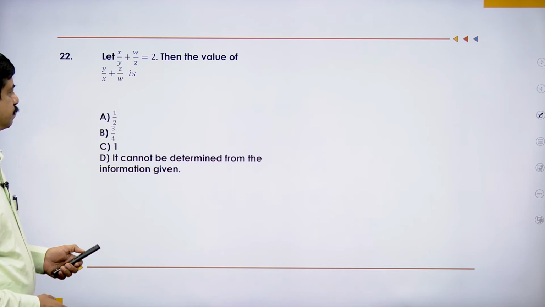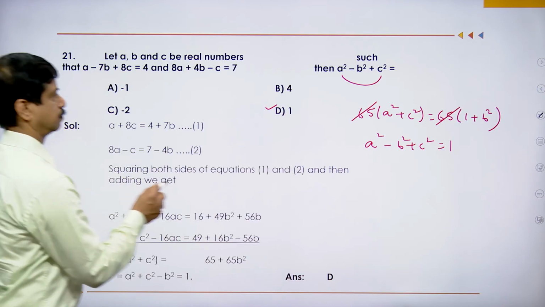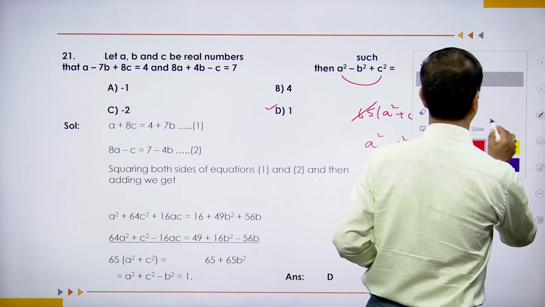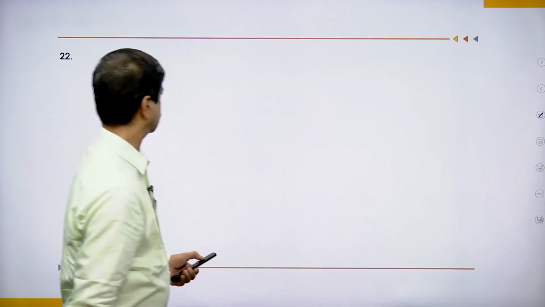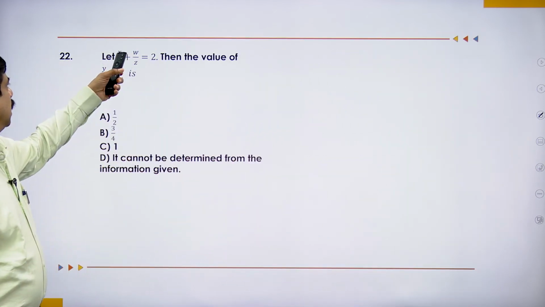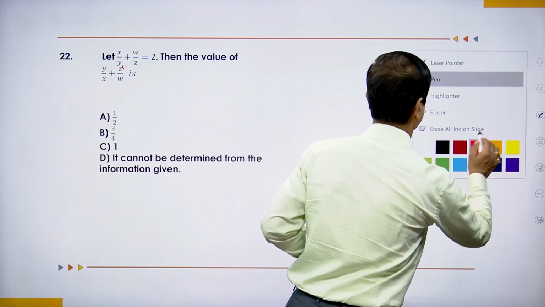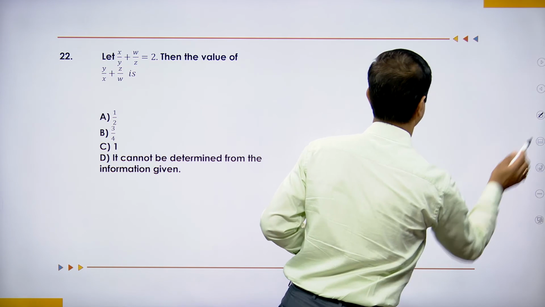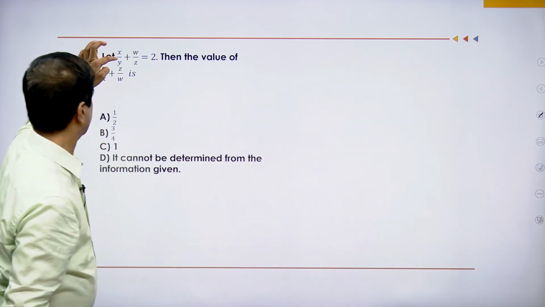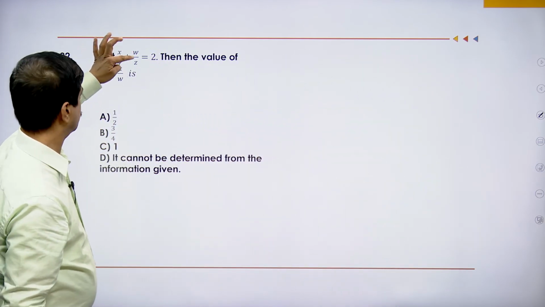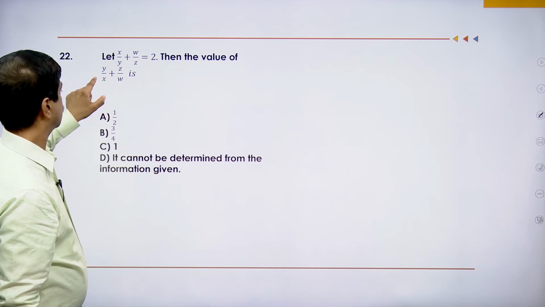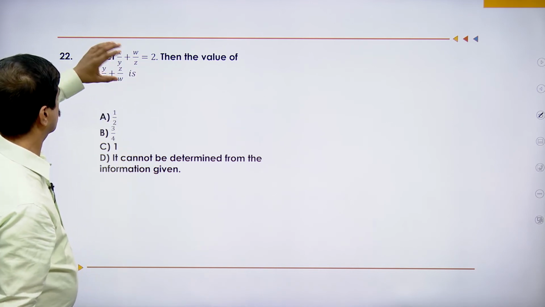Look at this. Let x by y plus w by z equal to 2, then the value of, see, they are just reciprocals.